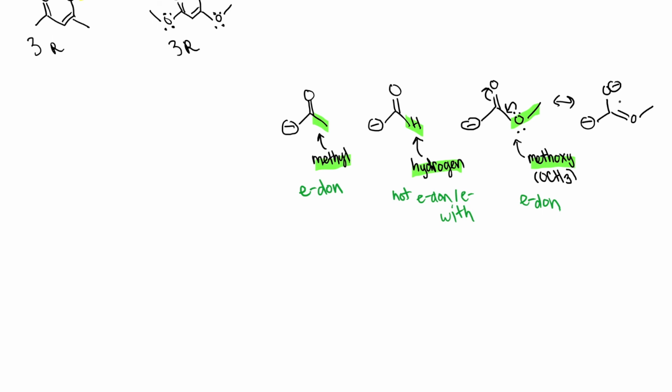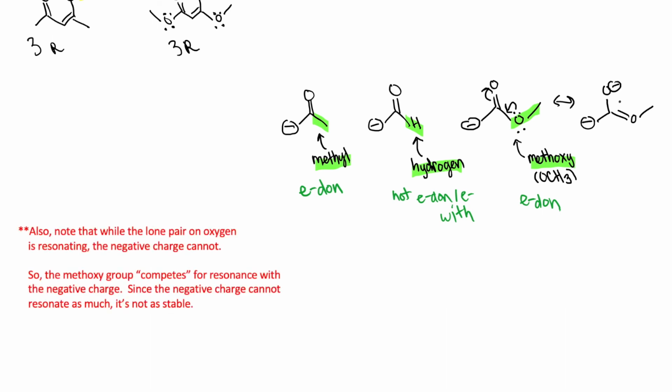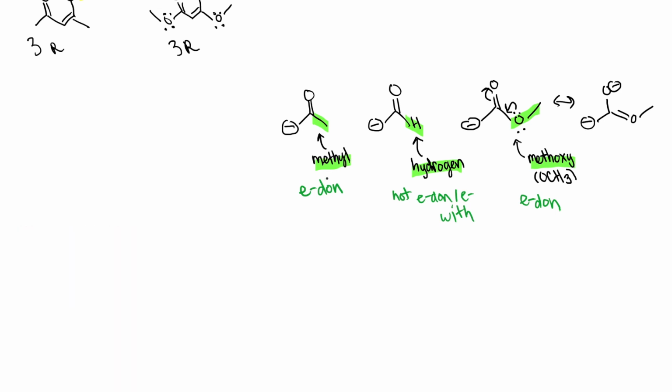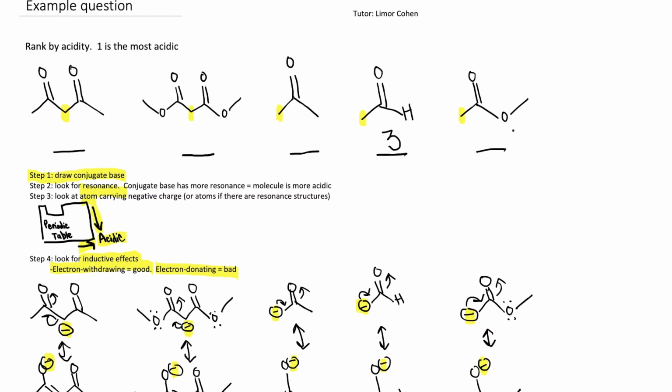This is destabilizing our negative charge because it's making that negative charge more concentrated. So since the methoxy group is a lot more electron donating than the methyl, which does not have a lone pair that can resonate, I'm going to say that this is going to be a less stable conjugate base, therefore a worse acid. So I'm going to say this is number 5, and this is number 4.